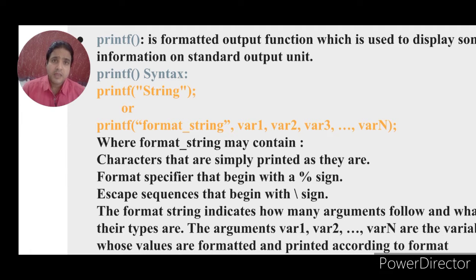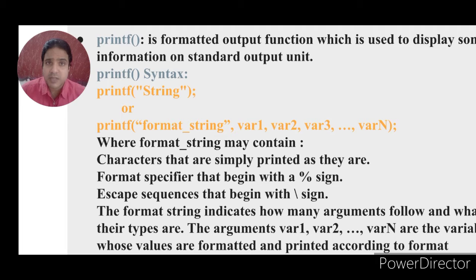It means whatever the user wants to print on the screen, he can write in brackets with quotes. And the second part: if the user wants to display the value of one or more variables, he will use a specific format specifier, like %d for int, %f for float, %c for character. The syntax is printf, format string in double quotes.